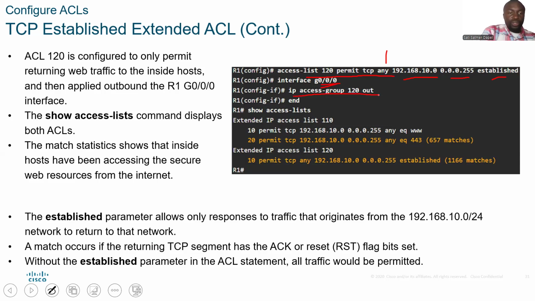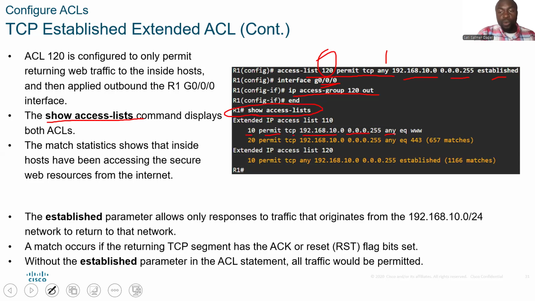So here, if you use the show access list command, it displays all the access lists that have been configured. Now, the one that we just did here is 120. But once you use the show access list command, it shows you in this router, there's an access list 10 that has been configured. And what is it doing? Permitting TCP and the IP address on this block with this wildcard mask going anywhere.